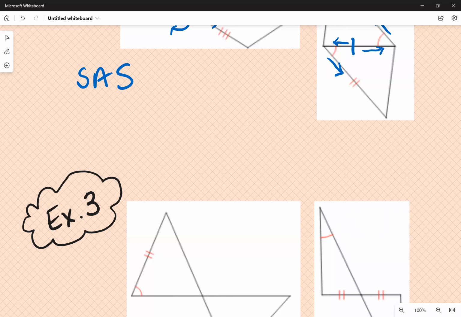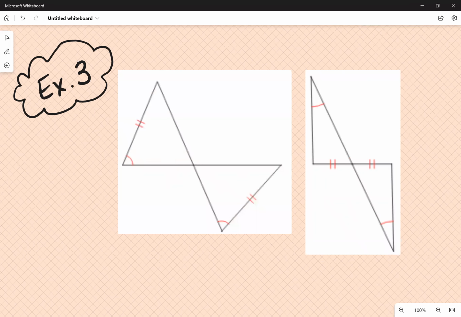And for this one, again, I only see 2 marks. So I have to know that, oh, okay, these are vertical angles. However, I already have 1 arc mark, so I'm just going to label it with 2 this time because I don't want people to assume that this angle is the same as this one. You can't just make that assumption. You can make an assumption about the vertical angles because that is true. All right, so now in the correct order, if I tried to go this way, that would be side, angle, angle.